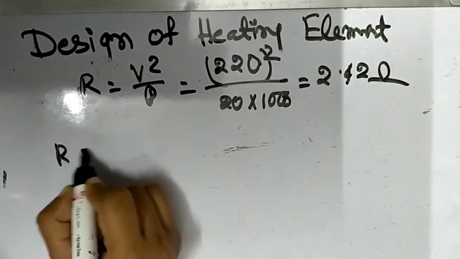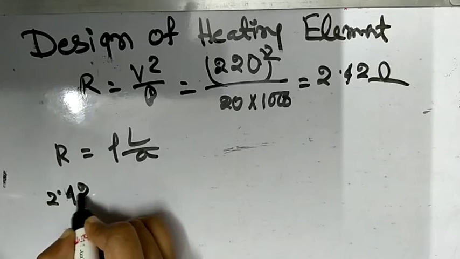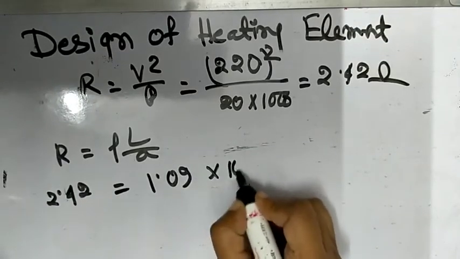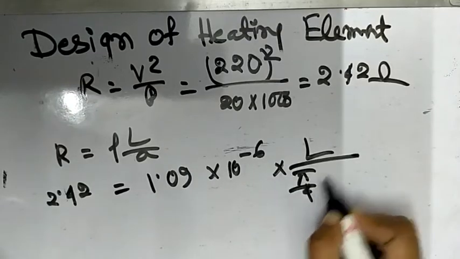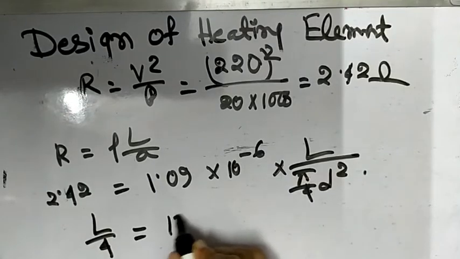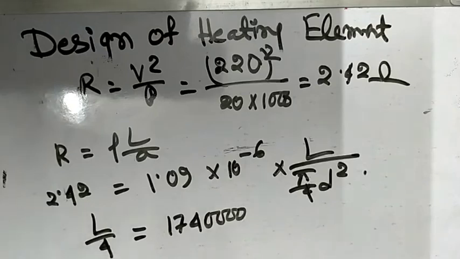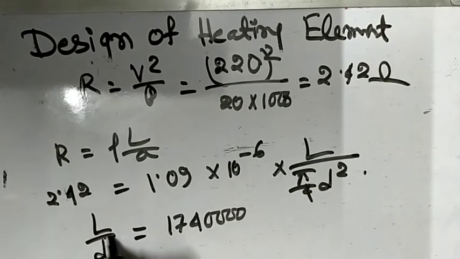And the formula of R is rho L by A. R is 2.42, the given value of rho is 1.09, and L by pi by 4 d square. So L by d square is equal to 174,000.